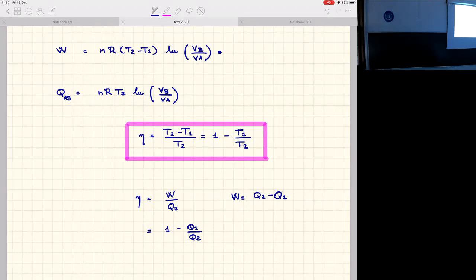So I'm taking heat from a warm reservoir and doing work. The pen is jumping up the table. That reminds me of Hickory Dickory Dock and all this. Anyway, absurd happenings. It doesn't happen. So you cannot have efficiency equal to 1.